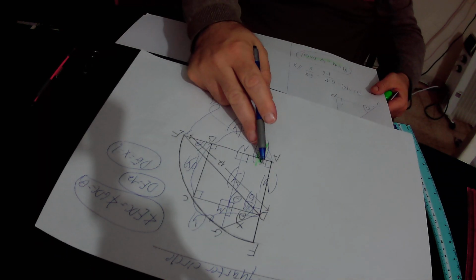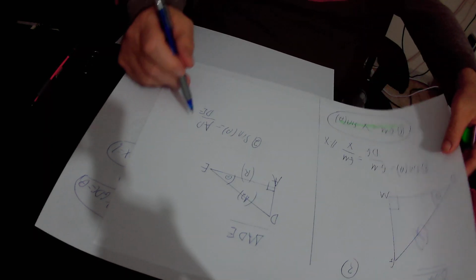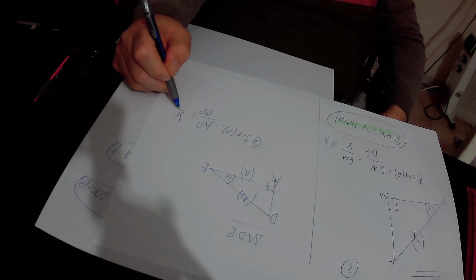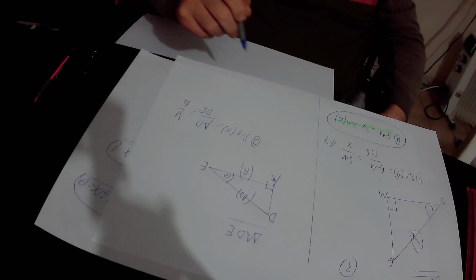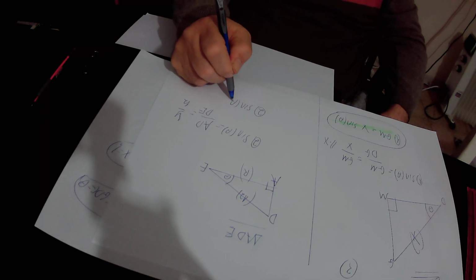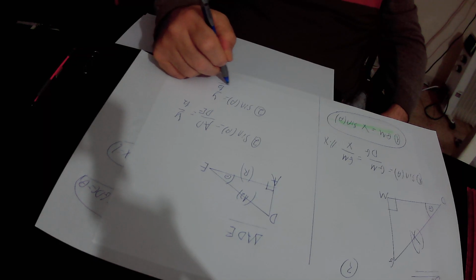AD equals y according to our definition. So sine theta equals AD, that is y, over DE, that is 12. So in conclusion, according to equation 2, sine theta equals y over 12.